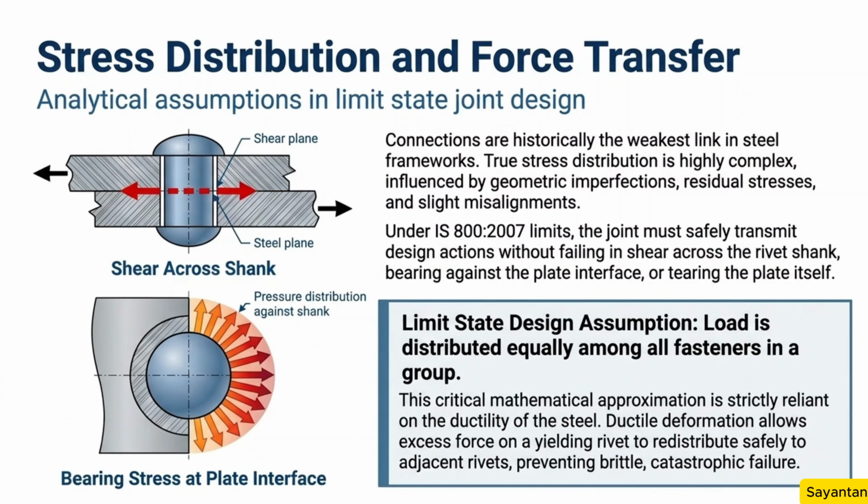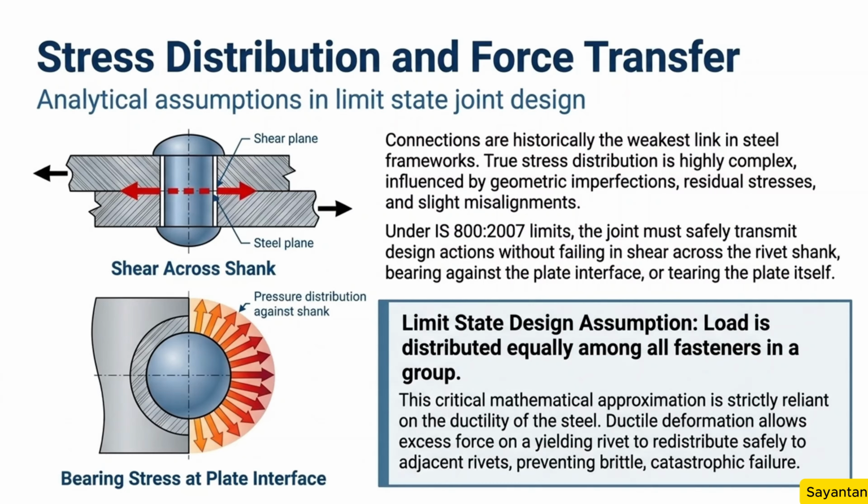Under limit state design guidelines in IS 800-2007, a riveted connection must resist failure across three primary modes: shear across the shank plane, bearing stress at the plate-fastener contact interface, and net section plate tearing.